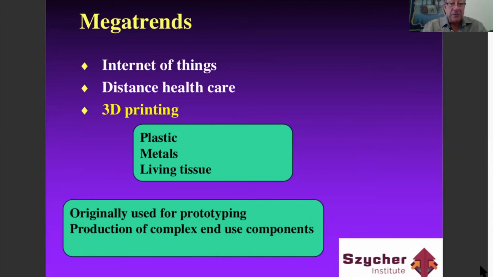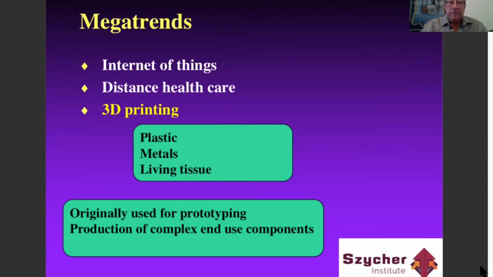The other megatrend is 3D printing, or three-dimensional printing. Three-dimensional printing at one time used to be only plastics. Now you can do 3D printing by using plastics, metals, and here's one that you probably never heard of, living tissue. So for example, you might be able to do 3D printing of artificial skin for third-degree burn patients or complete organs.